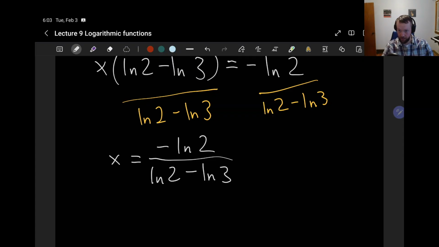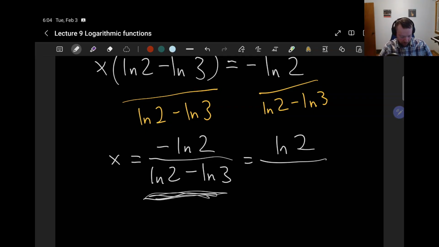So we are done, except I might want to simplify this a little bit. This is okay, but this is a negative over a negative. It turns out ln of 3 is a bigger number than ln of 2. So we can clean this up just a little bit. I've got a negative over a negative, so cancel those negatives.